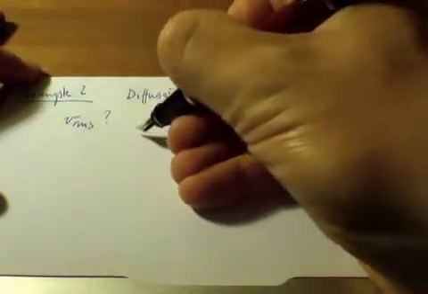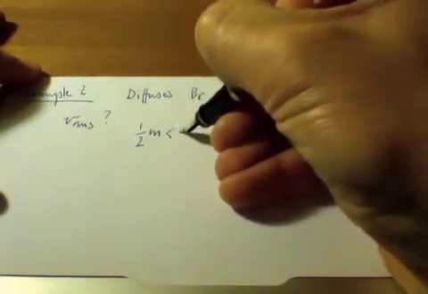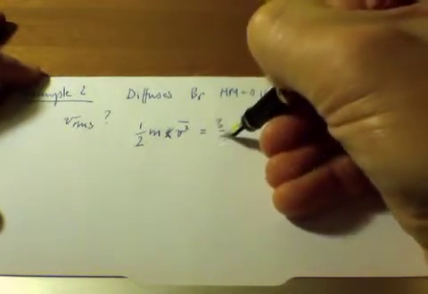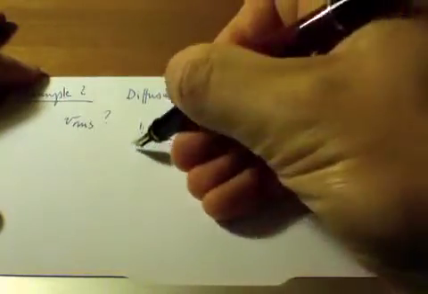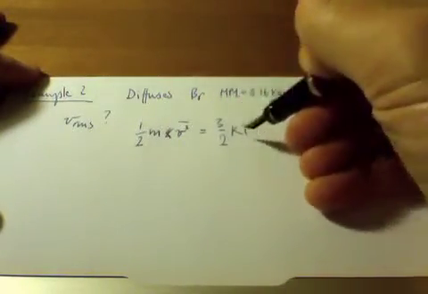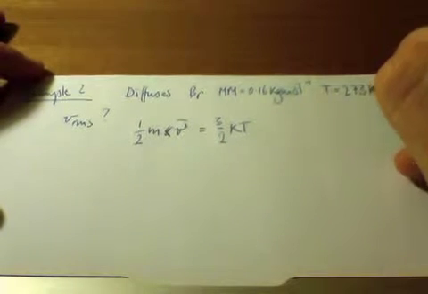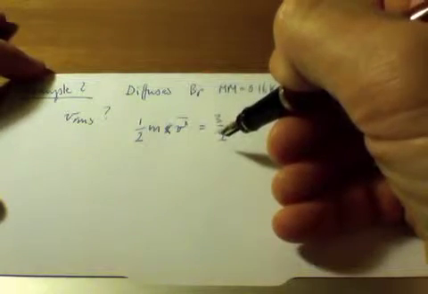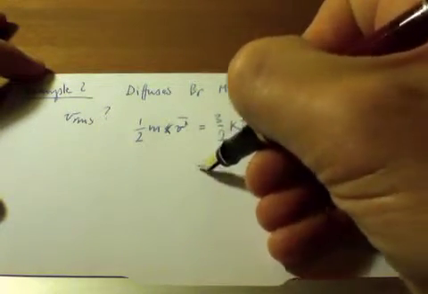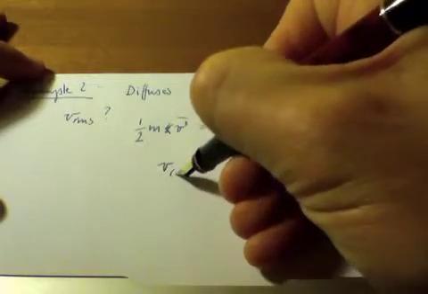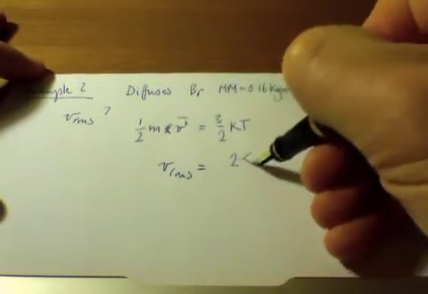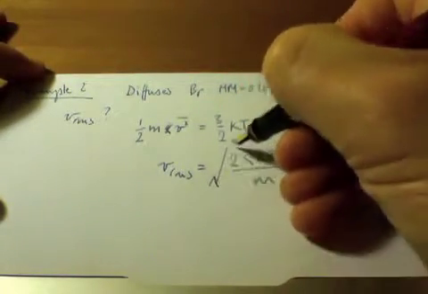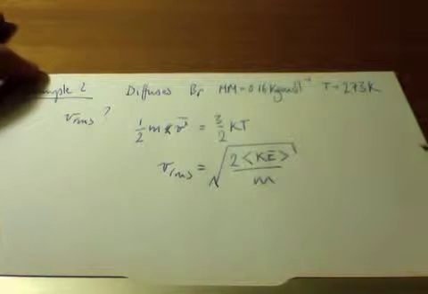So we go from very much the same stance as we did before. We know that the kinetic energy, which is a half mv squared, is 3/2 kT, and we would then say that my VRMS is going to be 2 lots of the kinetic energy divided by m, and square root the entire thing.